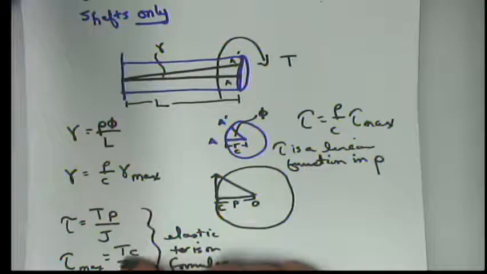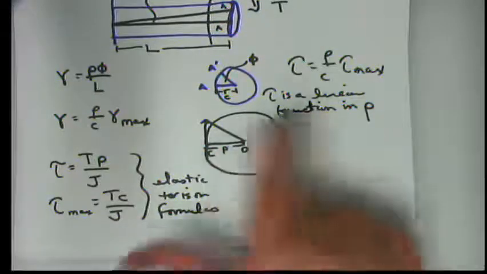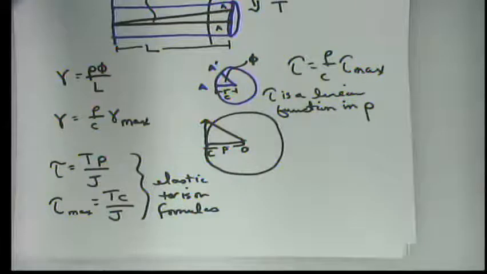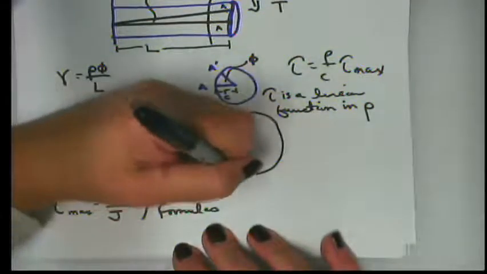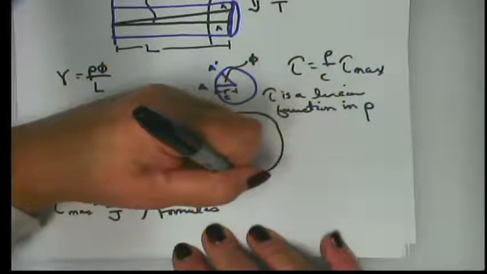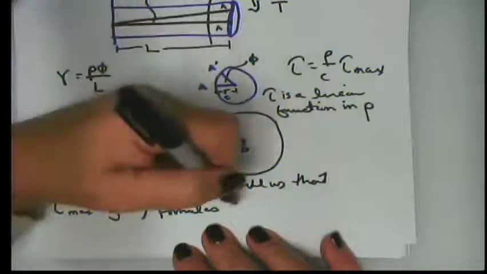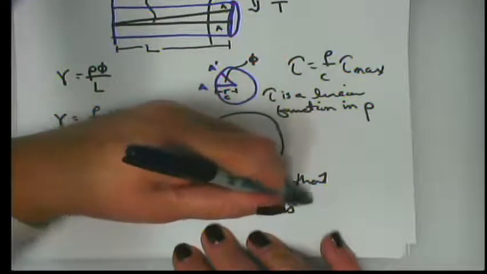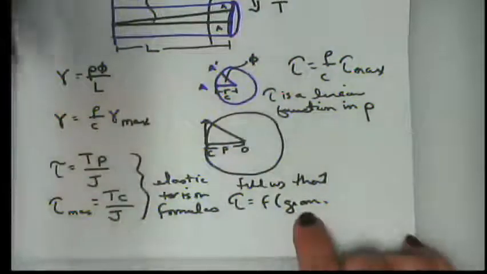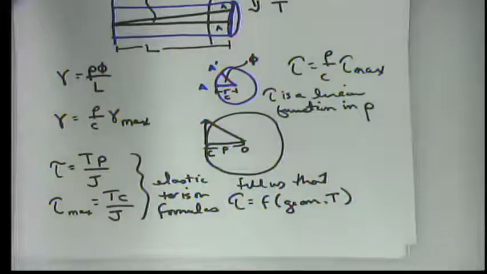Both C, rho, and also J are functions of the geometry of this circular section. And so elastic torsion formulas basically tell us that tau is a function of the geometry of that shaft and also of the torque that is applied to it.